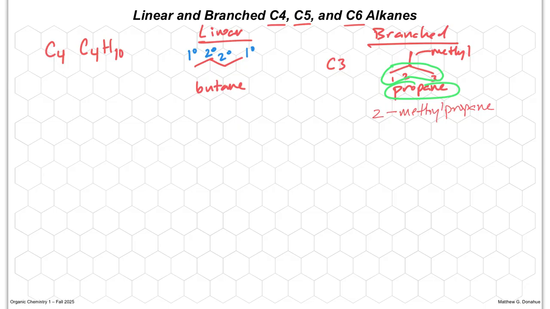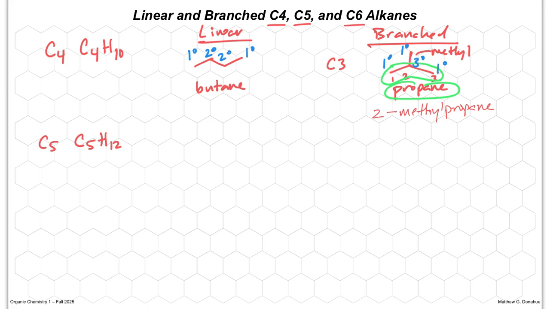So in blue, I'll write the classifications. So primary, primary, primary, and then this one is tertiary. So we'll do the same sort of activity for C5 now.